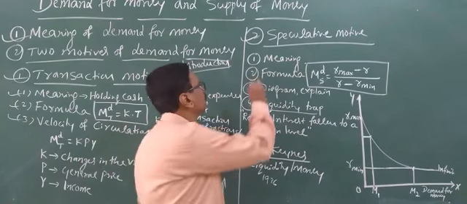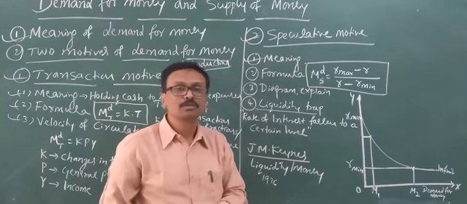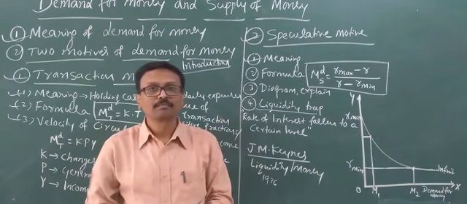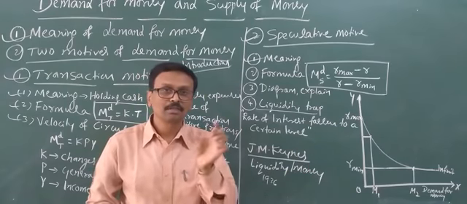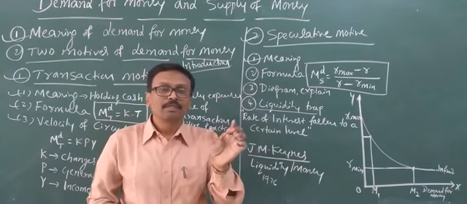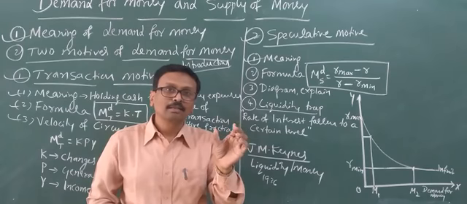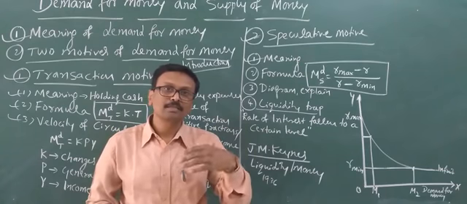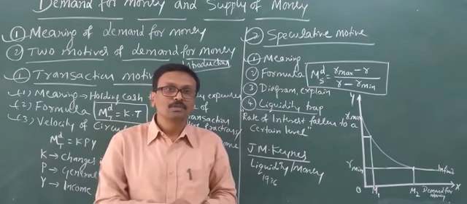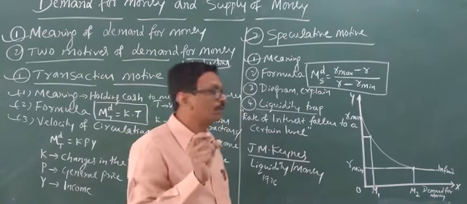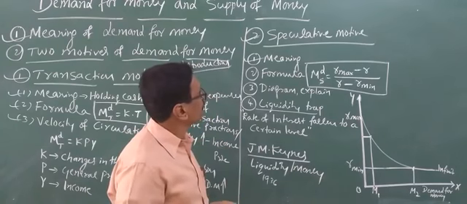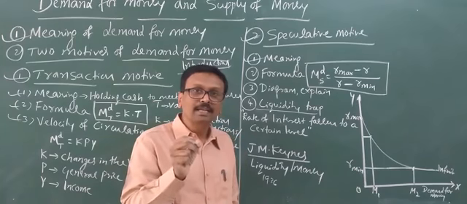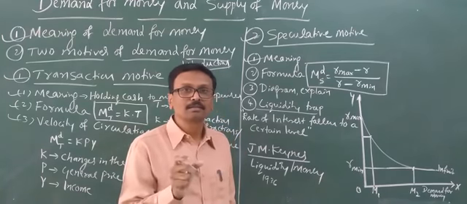Speculative motive means speculators, those who work in the share market. Speculation indicates that when the price is low, one purchases, and sells when the price increases. That is a technique used by speculators. The speculative motive is nothing but speculative transactions created by speculators.